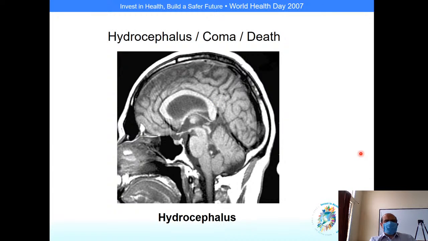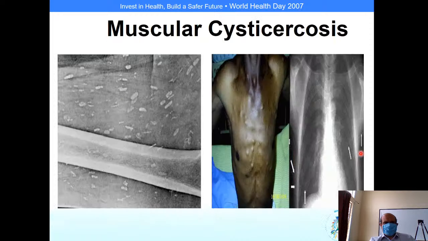Then there can be hydrocephalus, coma, or death. This is a picture of hydrocephalus. Then in muscular cysticercosis, these are the pictures, showing small depositions in the muscle.